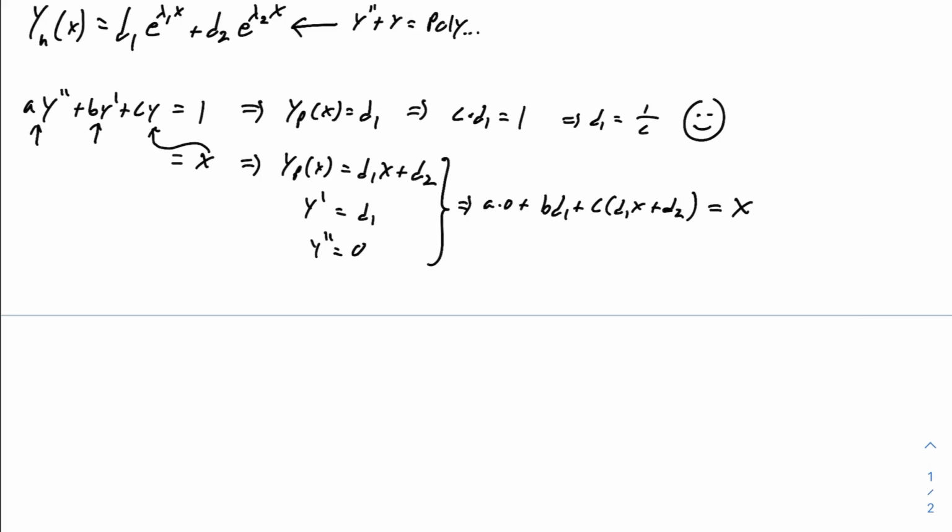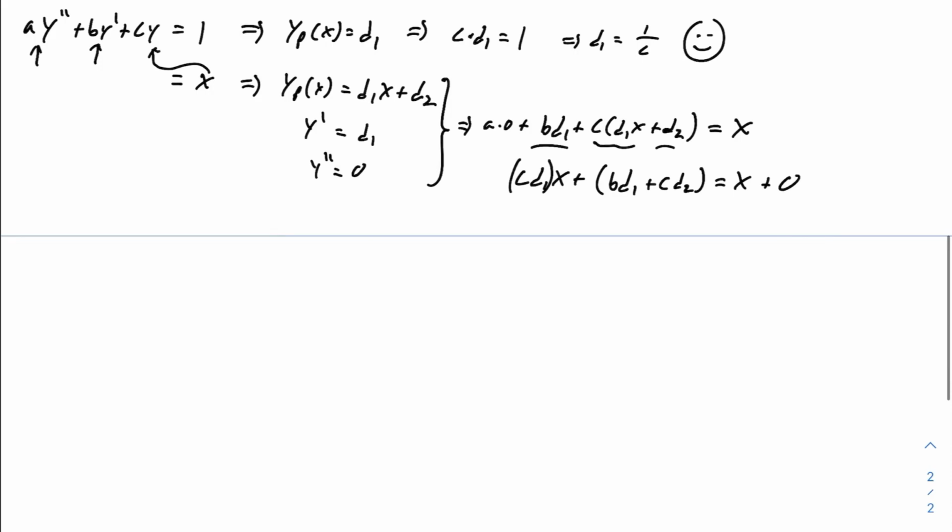Well, it's the exact same as when we did partial fractions back in Calculus 2. So we get all the x terms together, and we get all the non-x terms together. So this is going to be c d1 of x plus b d1 plus c d2 is equal to x plus 0.